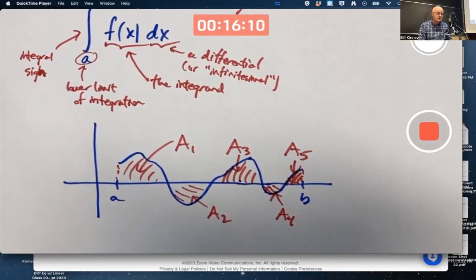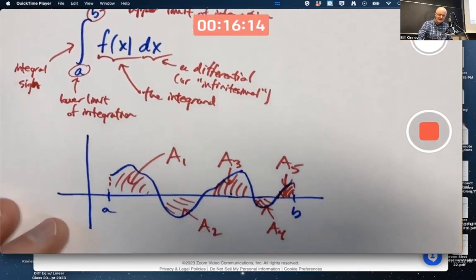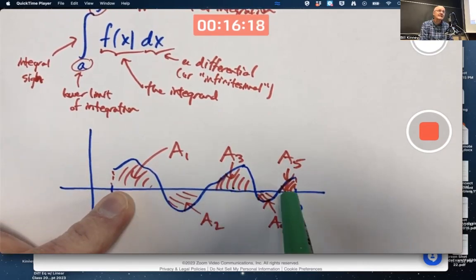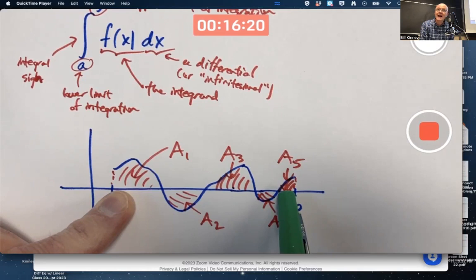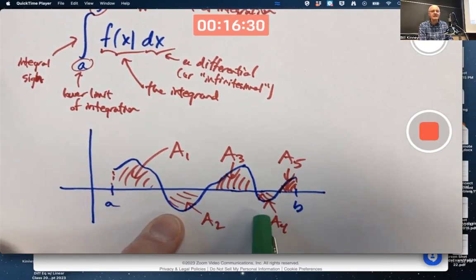The definite integral is going to then be the sum of the areas that are below the graph and above the axis when the graph is above the axis, minus, I said minus, the sum of the areas when the graph is below the axis that are above the graph but still below the axis.